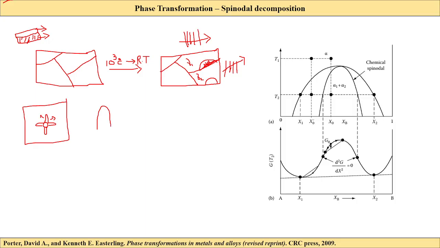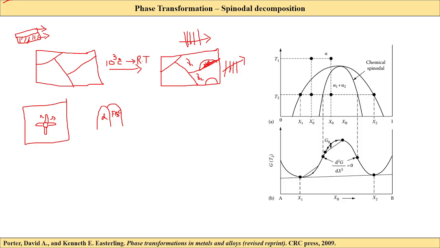Let's say this is my alpha, and this is my cementite.